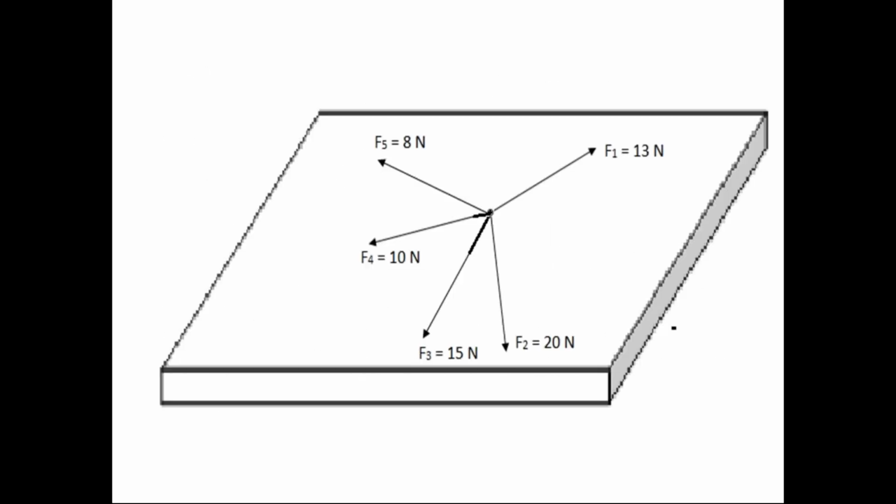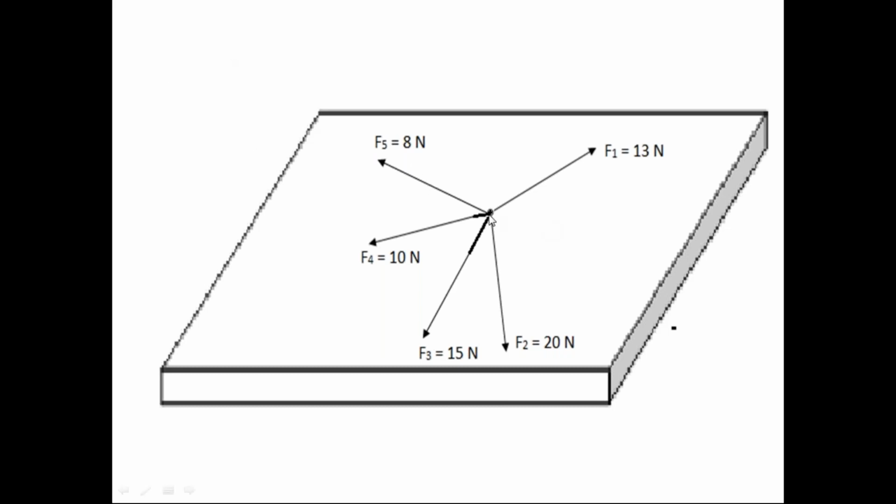Like this. Here we have a number of forces, F1, F2, F3, F4, F5. These forces have different magnitudes and different lines of action. But all the forces' lines of action lie on the same plane. Since they lie on the same plane, we call it a coplanar force system. Another important point is to check this common point.